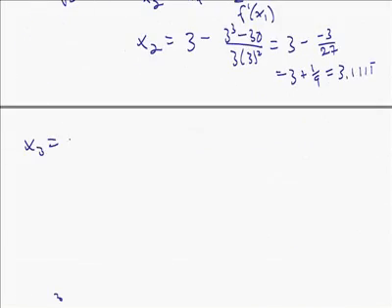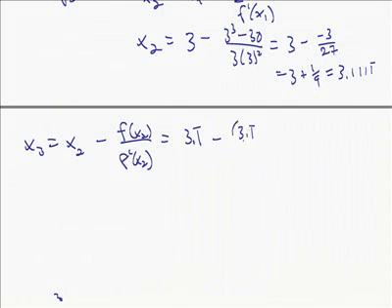And then x sub 3 is going to be x sub 2 minus f of x sub 2 over f prime of x sub 2, which will be 3.1 repeating minus f of 3.1 repeating. Or you can just use 3 1/9 cubed minus 30 over 3 times 3 1/9 squared, and so on.